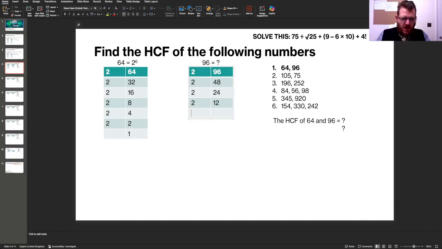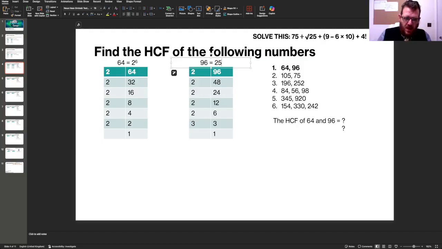And then you've got another 2 there, which is 6. Now you've got a 3 there, because it then goes back to the 1. 1 times 3 is 3, 3 times 2 is 6, times 2 is 12, 24, 48, 96. So the sum here in this case would be 2 to the power of 5.